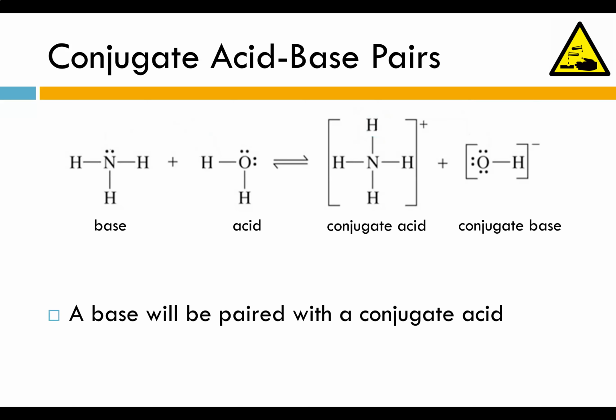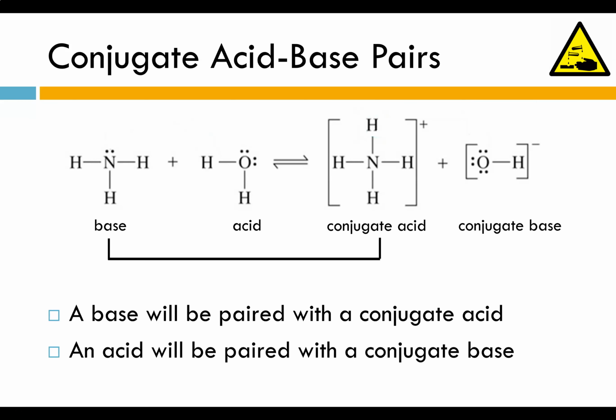A base gets paired up with its conjugate acid, so we would pair ammonia and ammonium, as they differ by just one proton. That will leave us to pair up our acid and our conjugate base, so water on the reactant side and the hydroxide ion on the product side. So that's what we mean by conjugate acid-base pair.